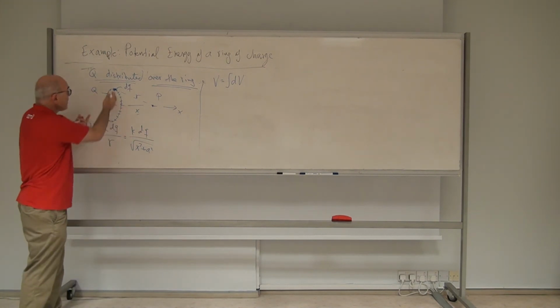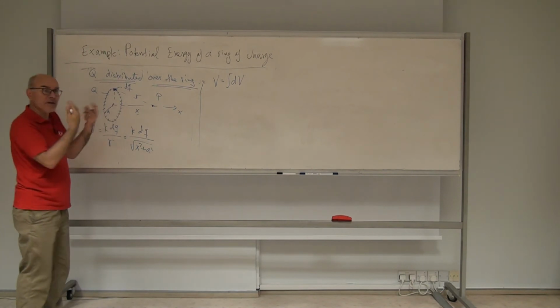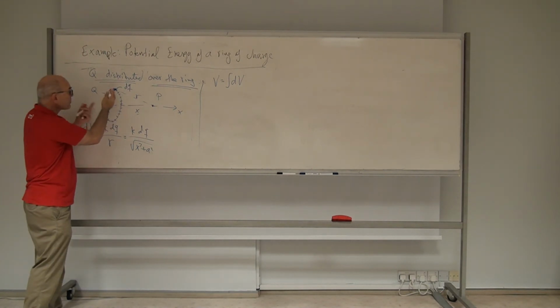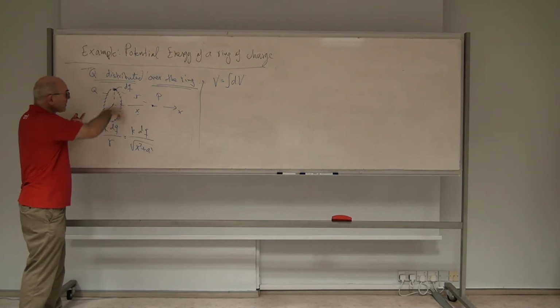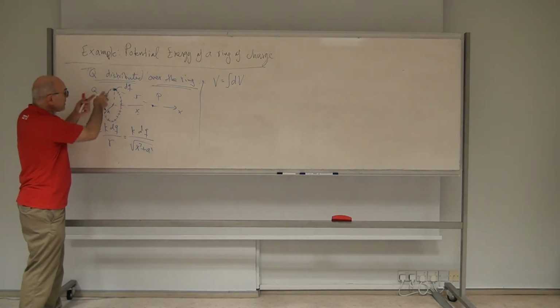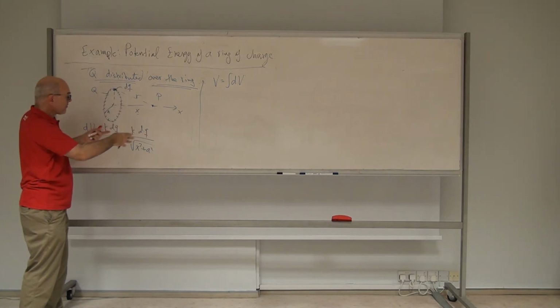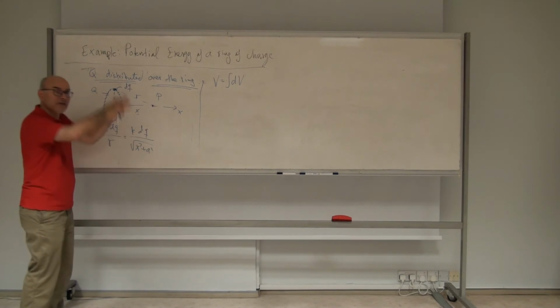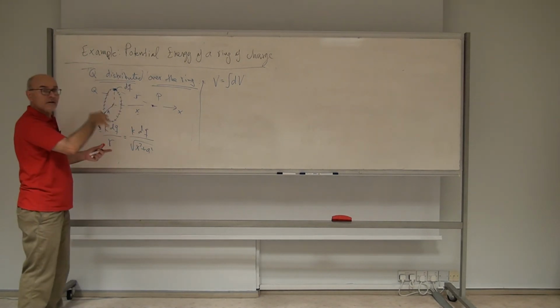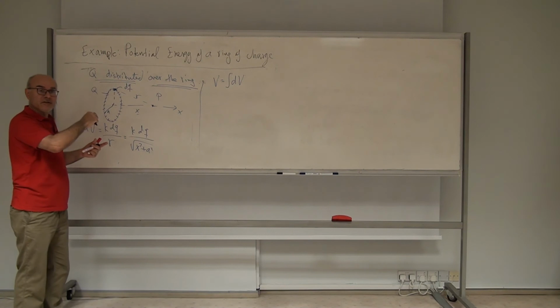Each of these is a point charge, and I know that the electric potential of a collection of point charges scattered over the ring is just k divided by the square root of x squared plus a squared, multiplied by the total charge of all these point charges.